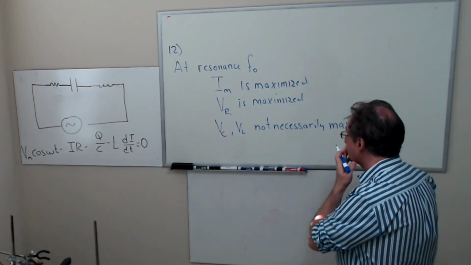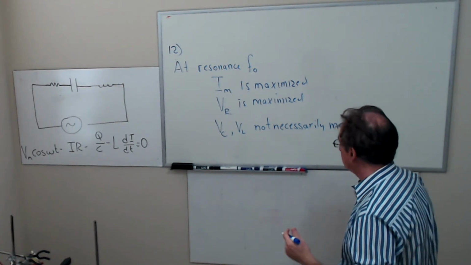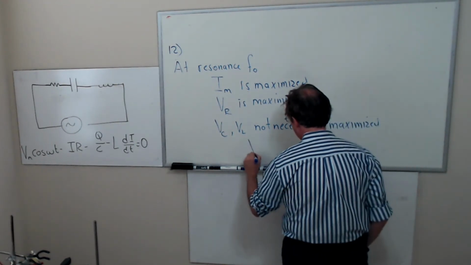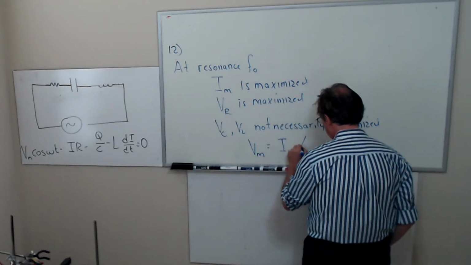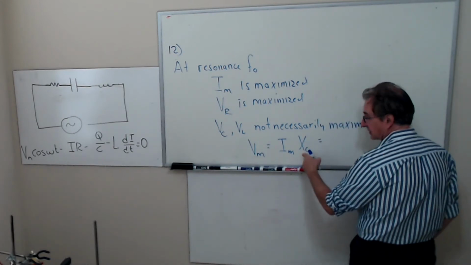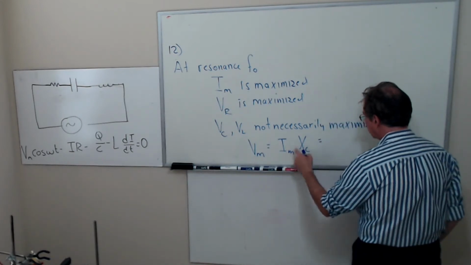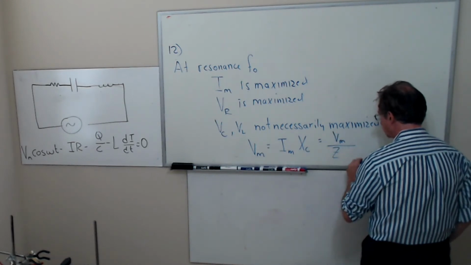And so if you want to look at the voltage across the capacitor, for example, or the maximum voltage across the capacitor, it's going to be your total current times X sub C, your capacitive reactance. And your I sub m is going to be V sub m over your impedance.